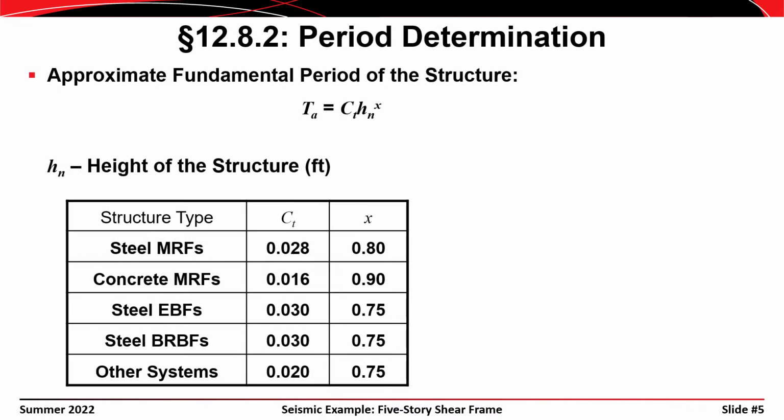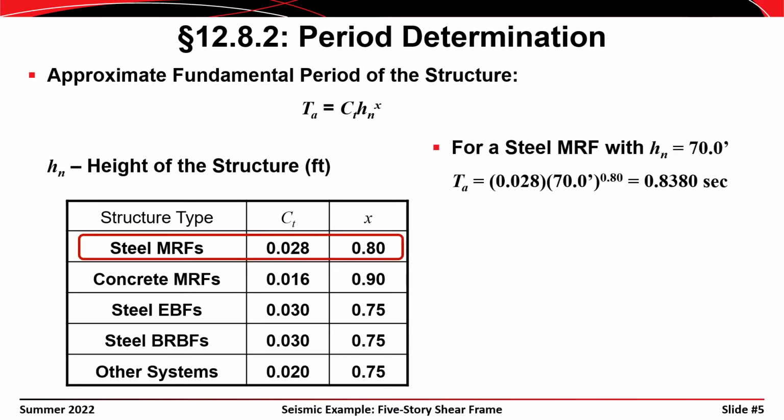Before we can determine C sub S, the seismic response coefficient, we need to know the approximate fundamental period of the structure. For this case, we'll use T sub A equal to C sub T times H sub N to the X power from section 12.8.2 of the 2016 edition of the ASCE 7 standard. For a steel moment resisting frame, we would take C sub T equal to 0.028 and X equal to 0.80.